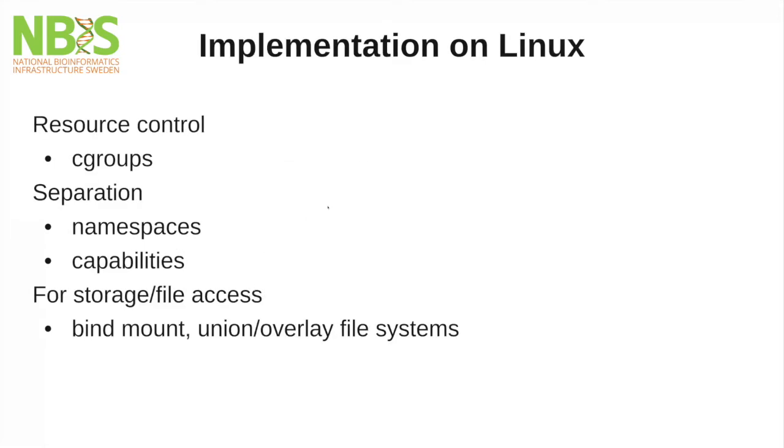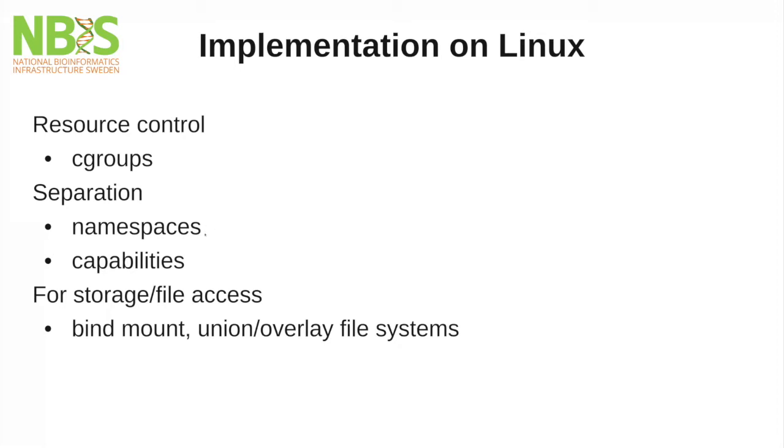These things are typically done on Linux, and how it works, it uses a few things in the kernel. We have cgroups, which is used to control resources, control groups. Namespaces are used for separation, so you can make up a separate part and it won't see the rest of the machine.